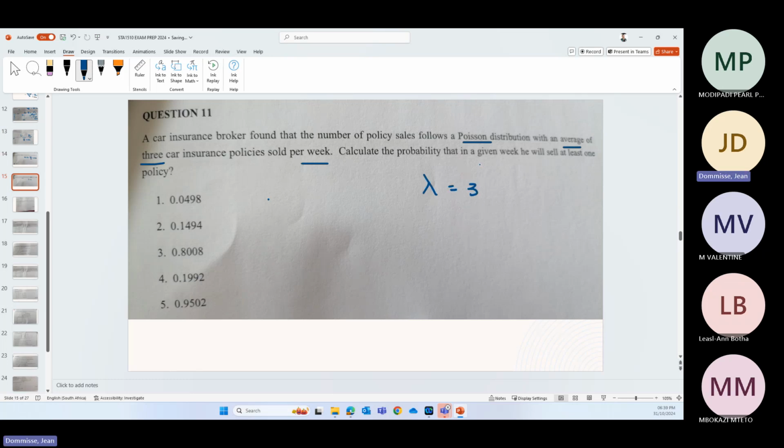Calculate the probability that in a given week you will sell at least 1. At least 1 is 1 or more, so again, the easiest will be 1 minus the probability of 0. Let's hope this time the numbers work out.